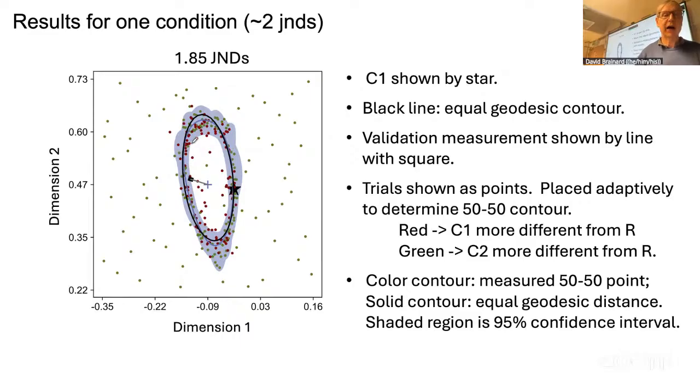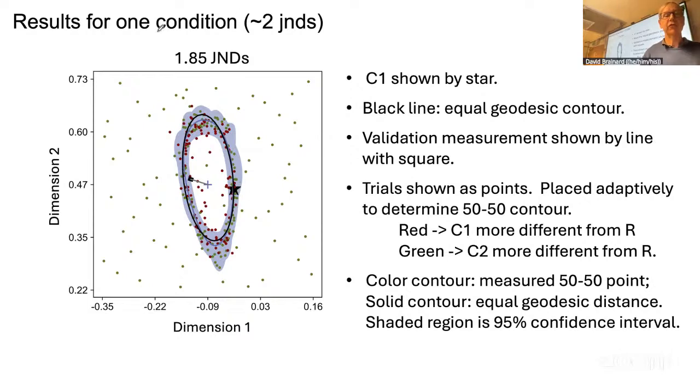The other thing to note here is the 50-50 point measured by that psychometric function for this condition, in its confidence interval. It's overlaying the AE Psych estimate, although in this case just barely. And this star is C1. When C2 and C1 are the same, you better be at 50% as well, and that's well contained within this purple region.